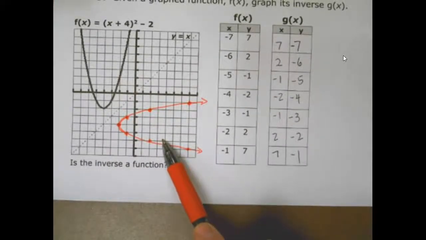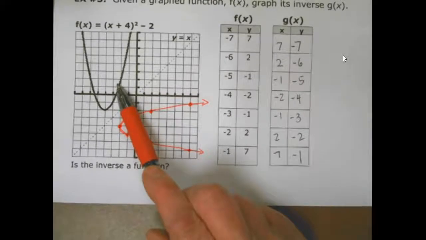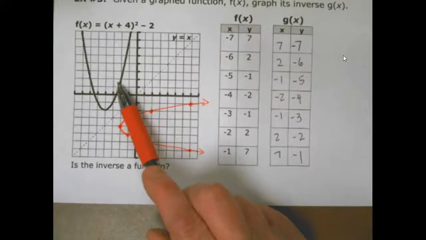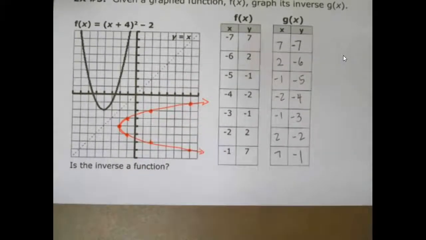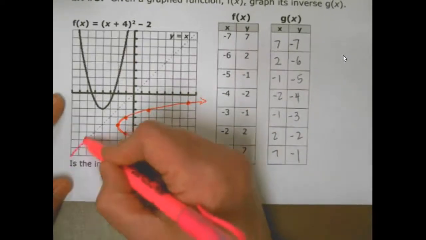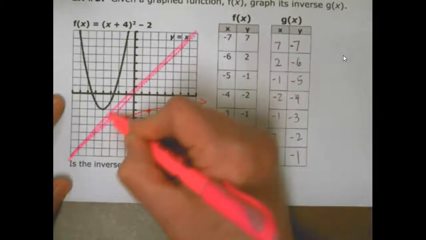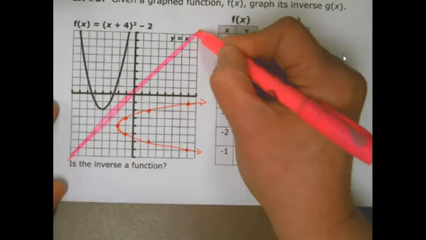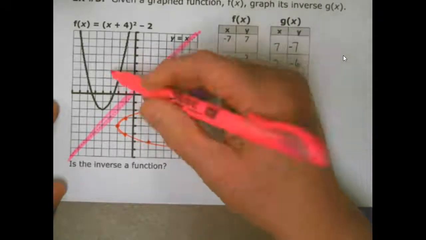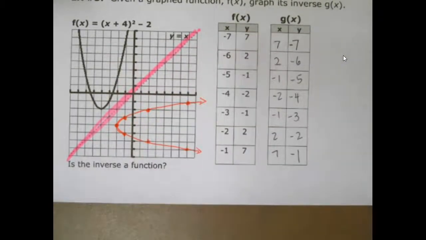It's also a parabola. This inverse, this parabola points up, this parabola points to the right. If you folded it on this y equals x line, if you folded your graph paper on this line, these two parabolas would match up.